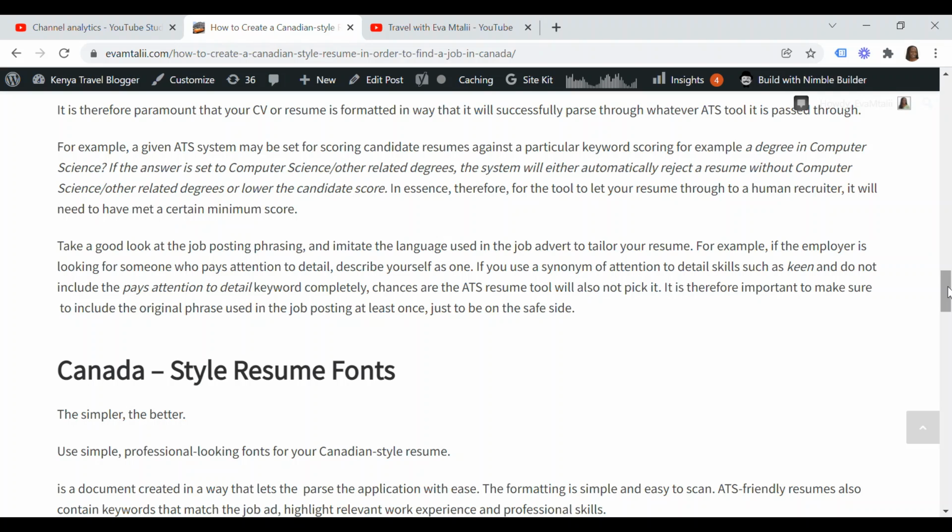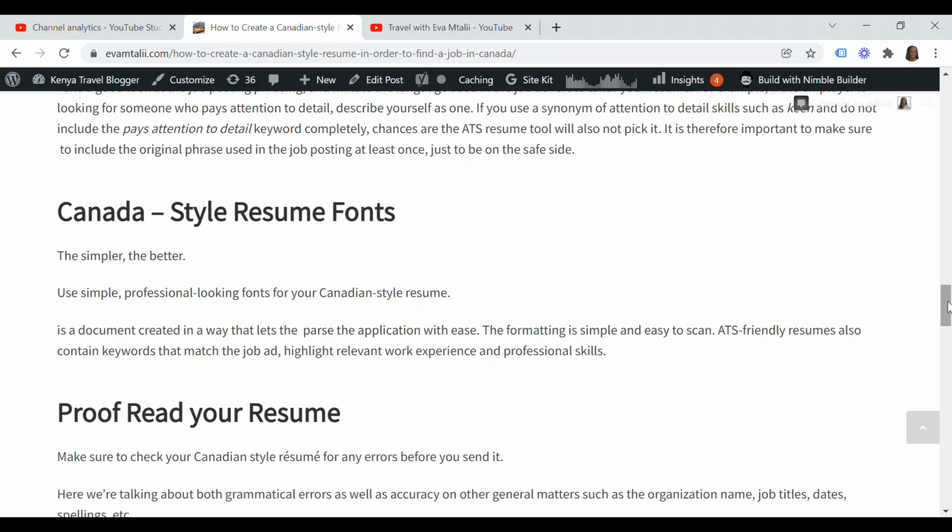If you use a synonym such as keen, and you do not include the exact words pays attention to detail, then chances are the ATS tool may not pick up your resume because it was looking for someone who pays close attention to detail. It's therefore important to include, as much as possible, the important original phrases used in the job posting at least once, just to be on the safe side.